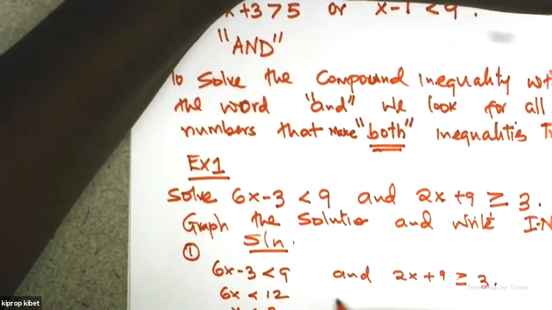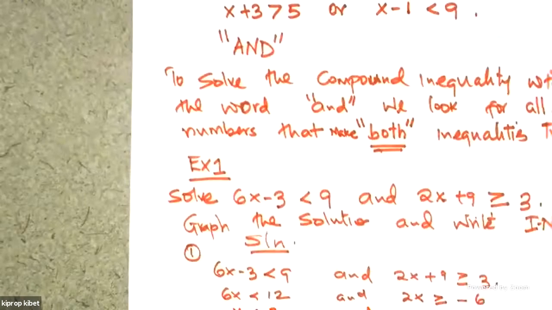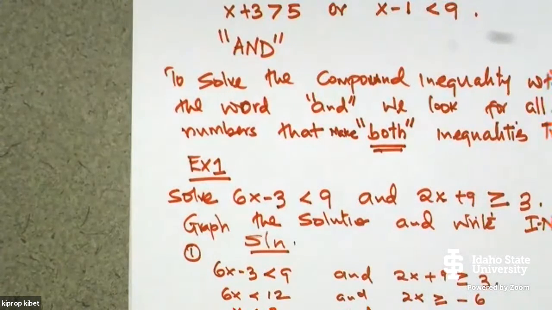Then on this side, you subtract 9. So 2x is greater than or equal to 3 minus 9, which is negative 6. So x is greater than or equal to negative 3.